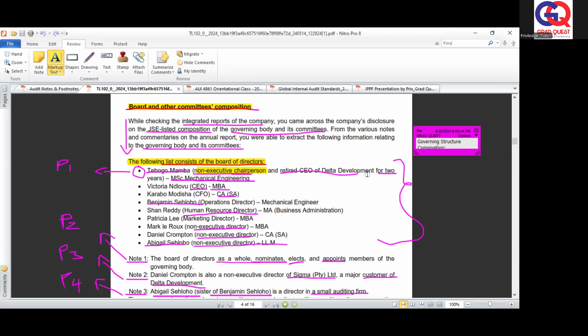Oh, okay. So it's 3 years? Yes, it's 3 years. He recently came out of retirement as a CEO 2 years ago, so he's still dependent in this company. So he actually is not independent. Okay.